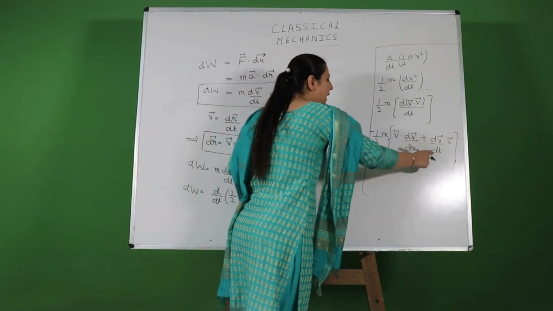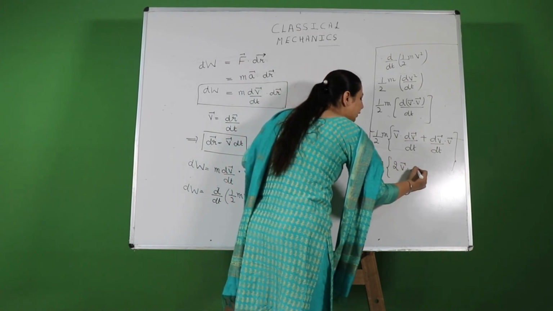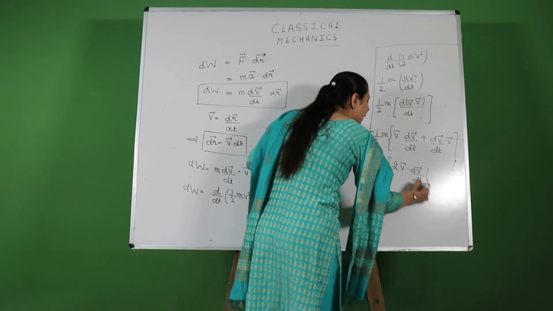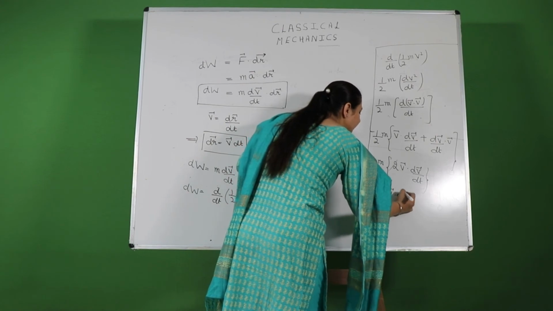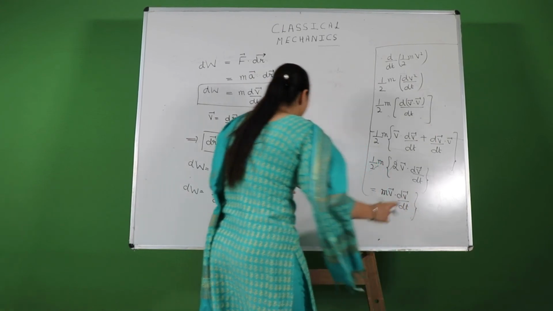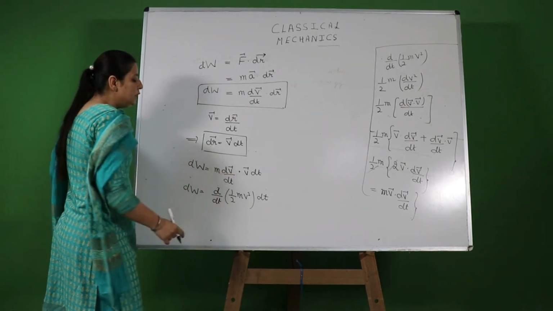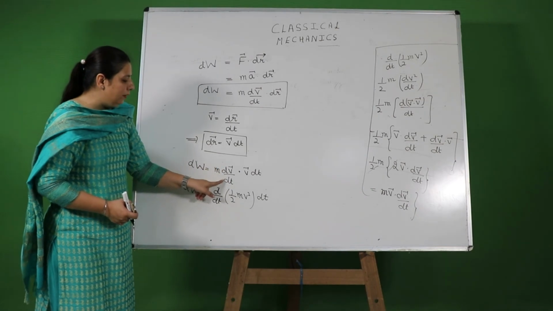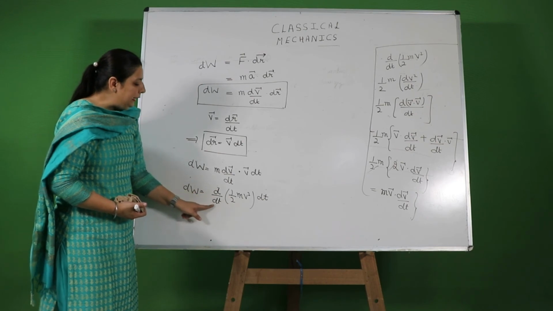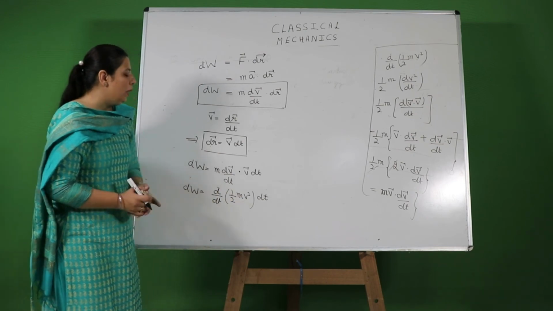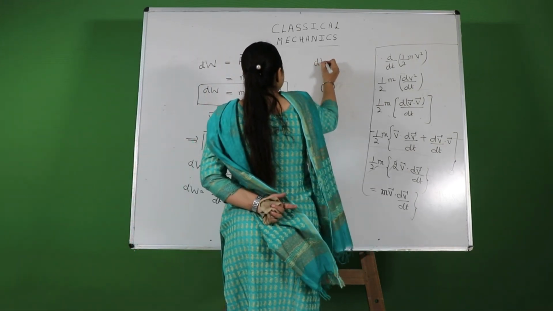So these two terms are the same. So this becomes 1 by 2m, 2 times v dot dv by dt. 2 and 2 got cancelled. I will be left with m, which is my same expression, m dv by dt dot v. So whenever I have one derivative dot product with the function, I can always write it as d by dt of 1 by 2 mv square. And what is 1 by 2 mv square? It is nothing but kinetic energy.